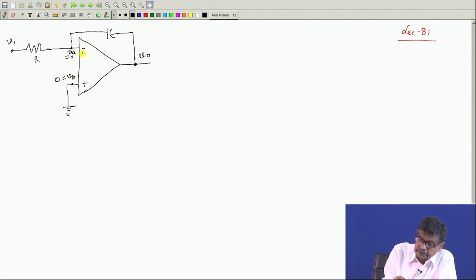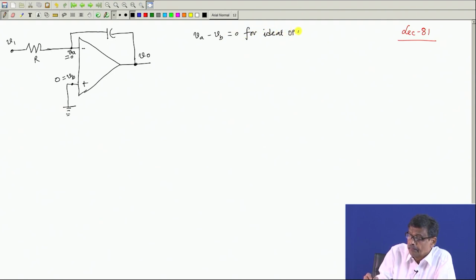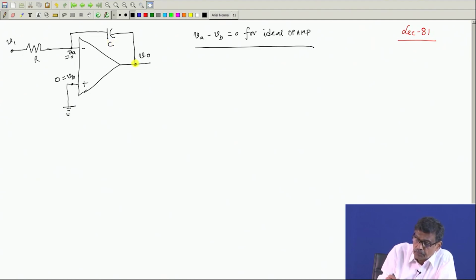Because the voltage drop between these two points, VA minus VB, is equal to 0 for an ideal op amp. There is a negative feedback through a passive element C. So, output voltage will be finite and we want to find the relationship between output and input voltage.